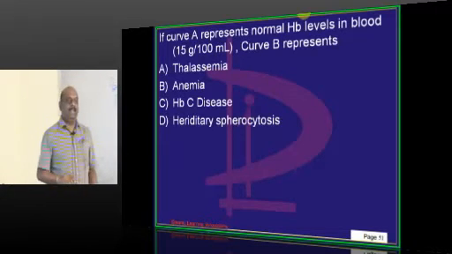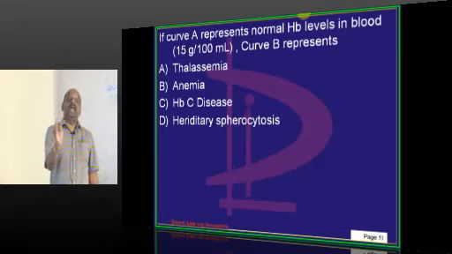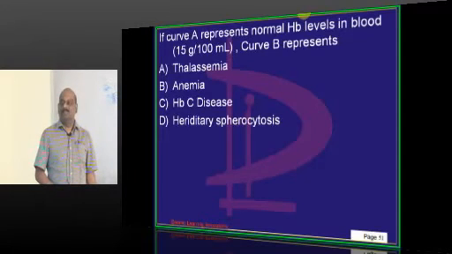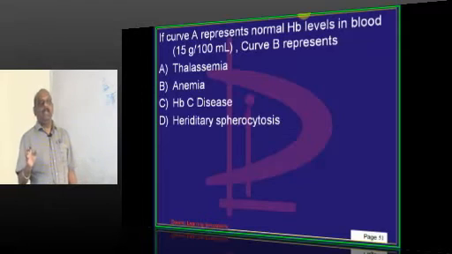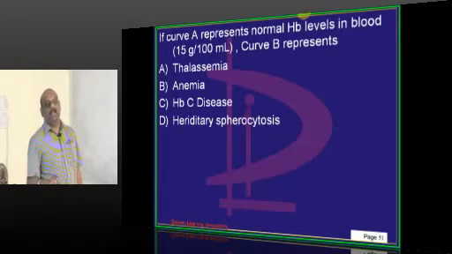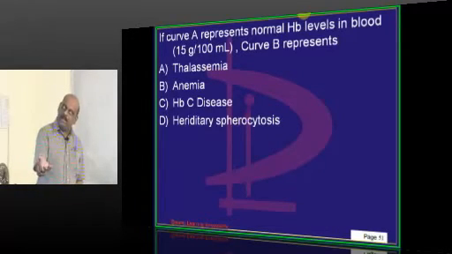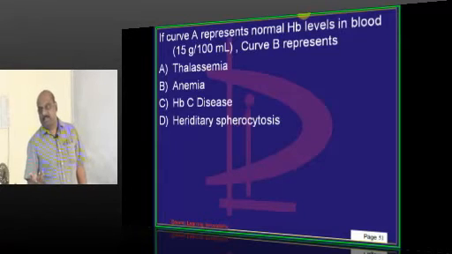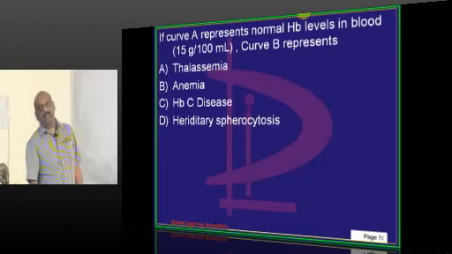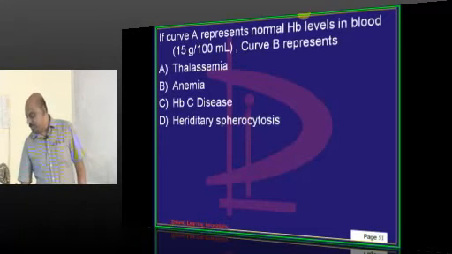When does cyanosis occur? If the saturation is affected, you will get cyanosis. Not in an anemic guy, because in an anemic guy also, like a regular guy, 100% saturation is there. But his oxygen content is lesser, because the hemoglobin content itself is lesser. That is what you need to remember.